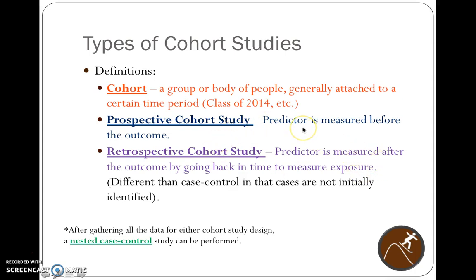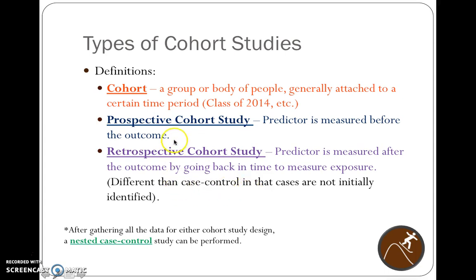So we enroll everybody in the study who shows up at the beach. We know who went swimming, we know who didn't go swimming, or maybe we know who went swimming in the water on the days that the water was bad, and we know who went swimming on the days the water wasn't bad. We call people 7 days later or 10 days later to find out if they had diarrhea or not. So ideally, they all showed up at the beach and were healthy and susceptible, and then we measure the incident disease later.